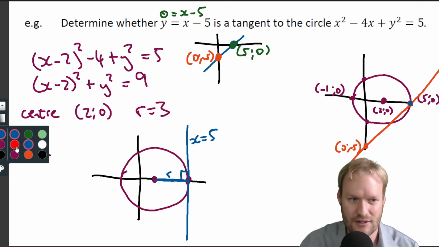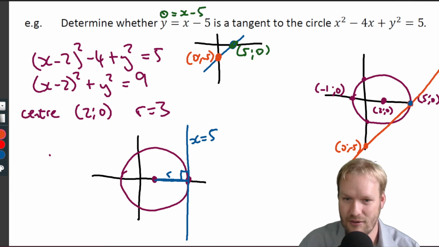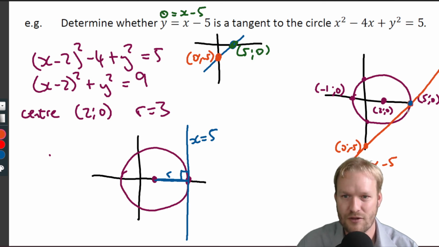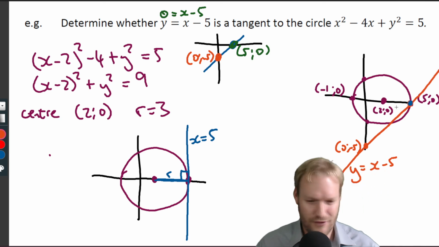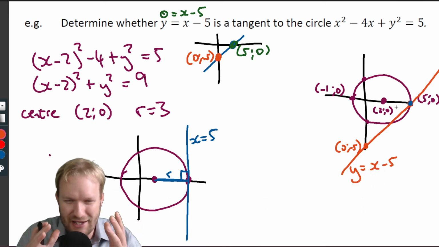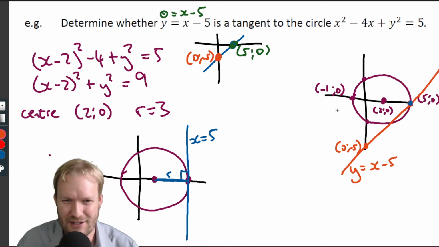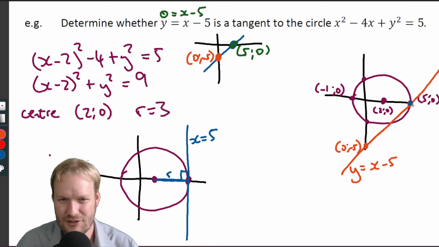But there's no way that this other line over here, y equals x minus 5, is a tangent to this circle, because it definitely goes through the point 5, 0. So hopefully we're getting a sense of looking visually at the line to go, but wait, this can't be a tangent because I can see that it's going to cut twice, because the tangent would have been a vertical line.